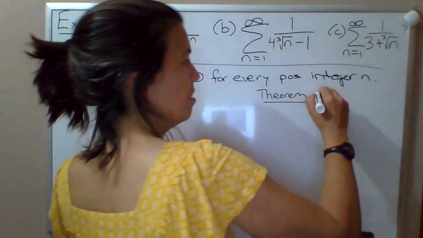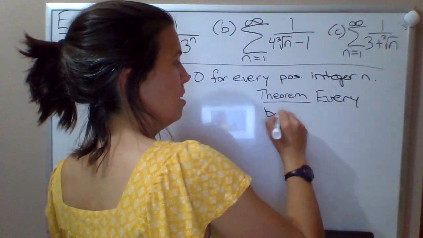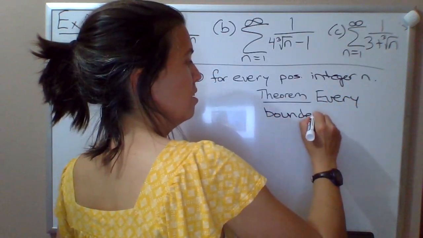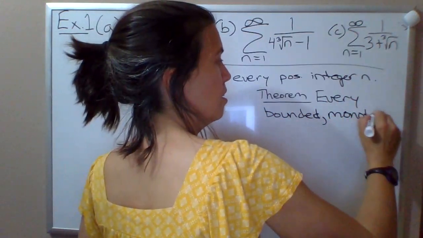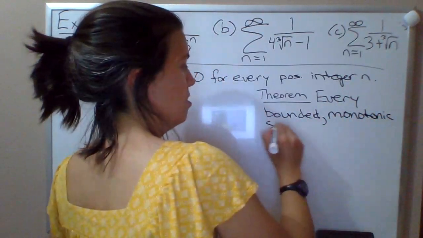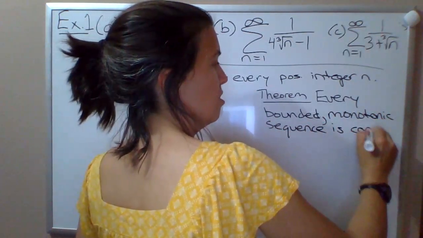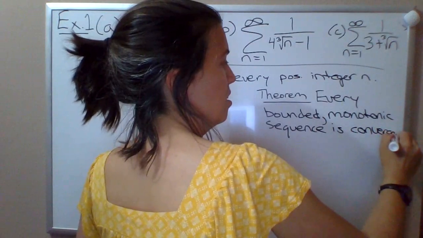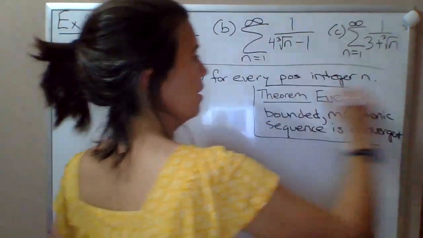It says that every bounded monotonic sequence is convergent. Sorry, that says convergent. Okay, so we want to have that in the back pocket.